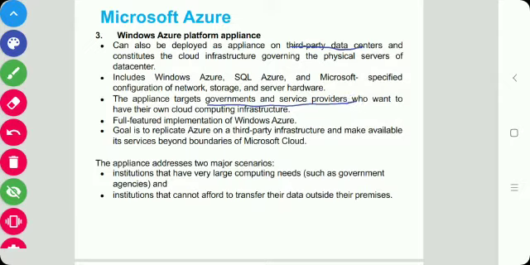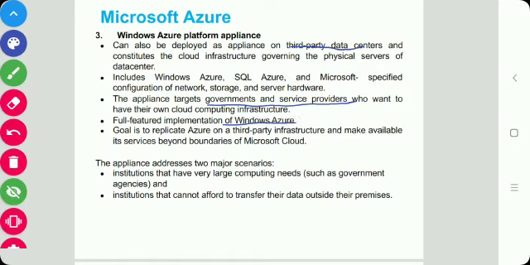As introduced earlier, Azure already provides the development environment that allows building an application for Azure on their own premises. But the Azure appliance is instead the full-featured implementation of Windows Azure.